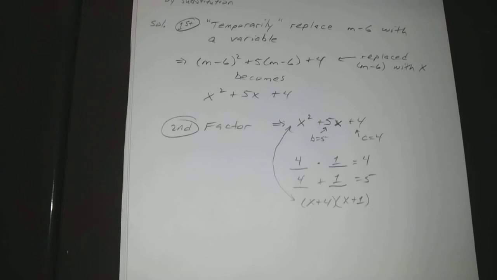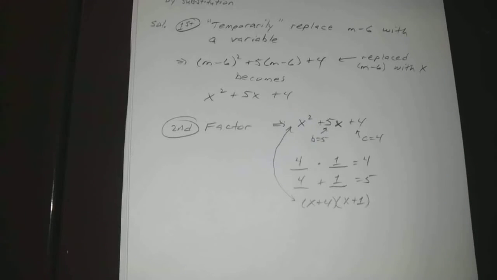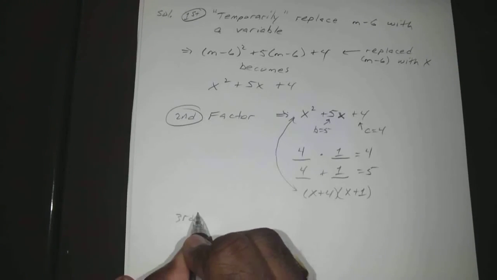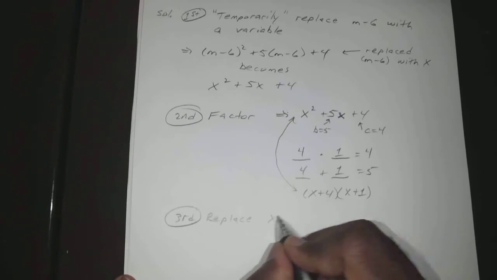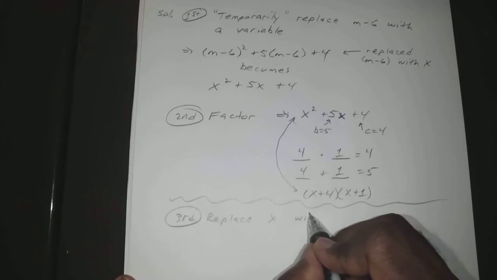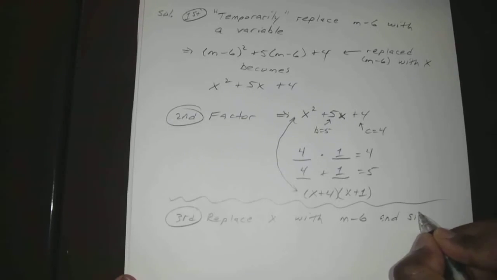Okay. Now your third step is you're going to replace x with m minus 6, and then you're going to simplify. So third, replace x with m minus 6 and simplify.